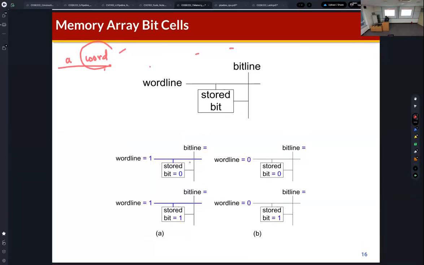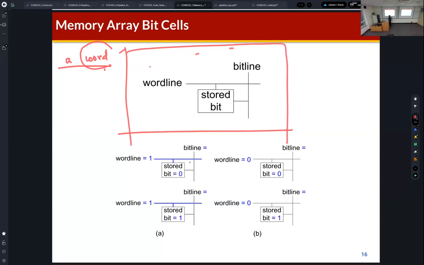Actually, we can understand the structure of memory like this. This is the memory bit cell, which means that one bit of data is stored in this memory bit cell. The word line is connected to this bit cell, and another part of the bit cell is connected to the bit line.